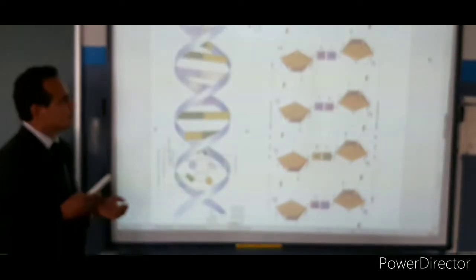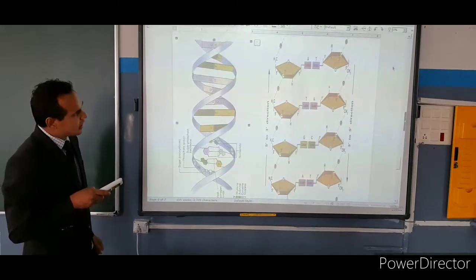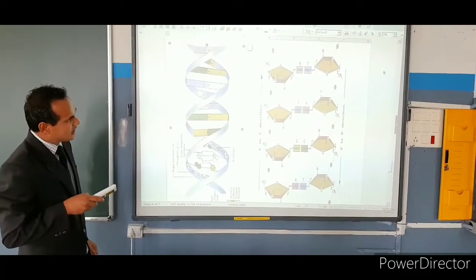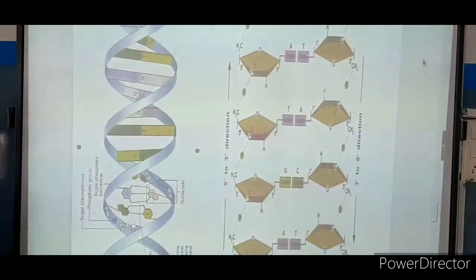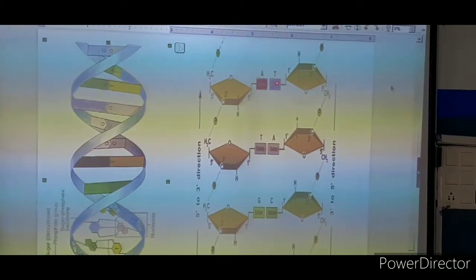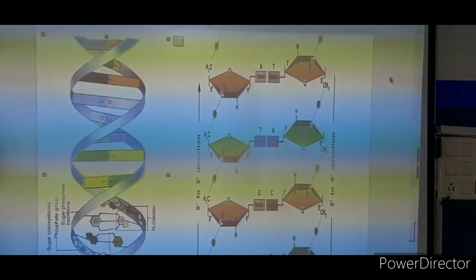Each nucleotide has three components: phosphate, sugar and nitrogen base. Phosphate and sugar are arranged lengthwise, whereas the nitrogen base is inward, which joins with the nitrogen base of the other nucleotide.